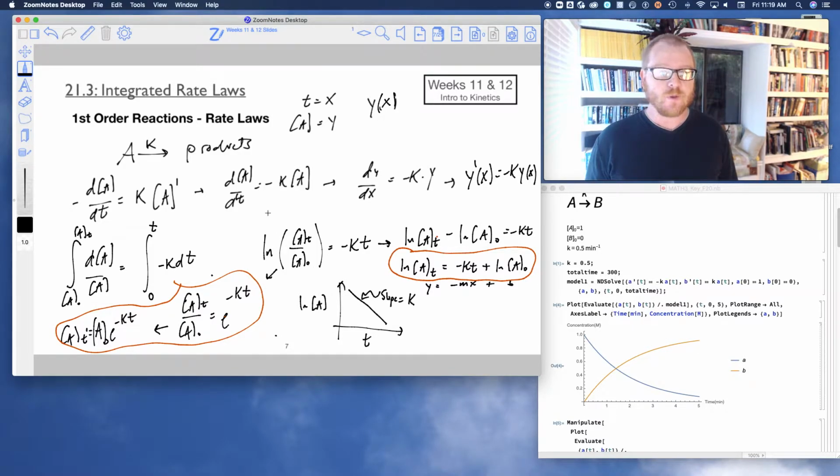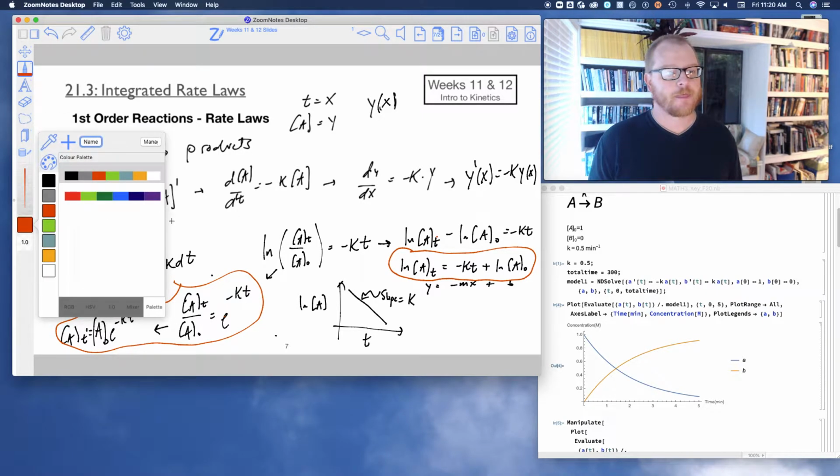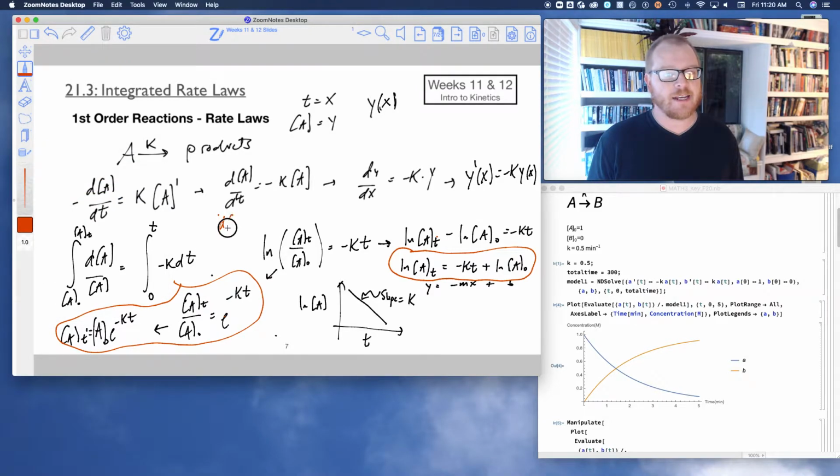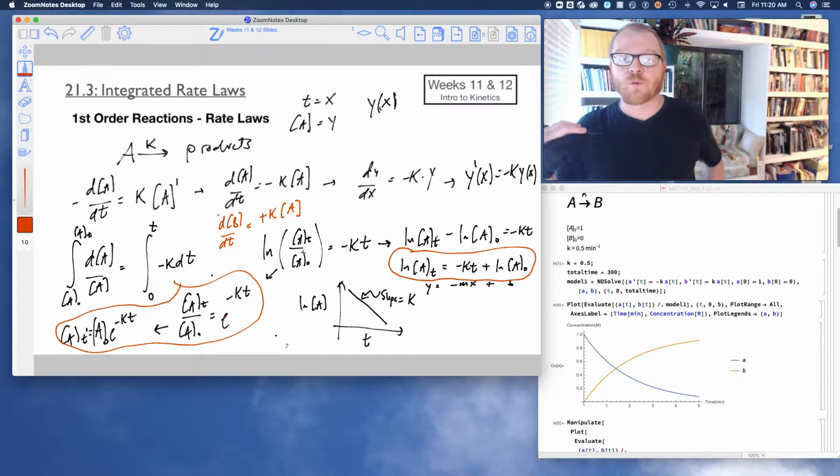Well, I said up here, if I was really interested in dB by dt, that's just going to be positive k times A. We still think of it in terms of the reactant when I write the rate law. It's all about the reactants.